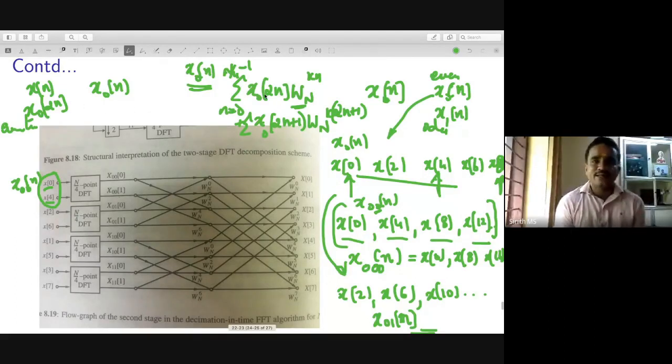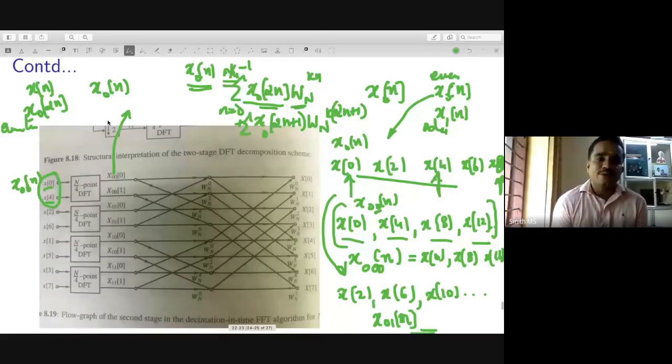So this becomes the summation, and you have an N/4 point DFT. From that you are getting capital X00 and capital X01. The representation is the same here. 00 means even of the even. So capital X00 is the DFT of the even terms of x[n].